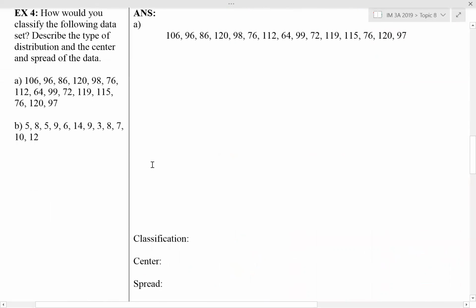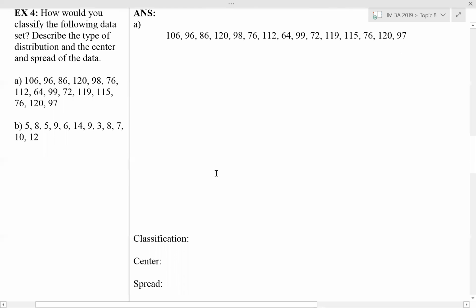The back of this is actually just review from what we did in the last lesson, where we were talking about the measures of center and the measure of spread. This is asking us how I would classify the data. Remember, that means skewed left, skewed right, or symmetric. Then using that, I'm going to describe the type of distribution and find the center and spread of the data.